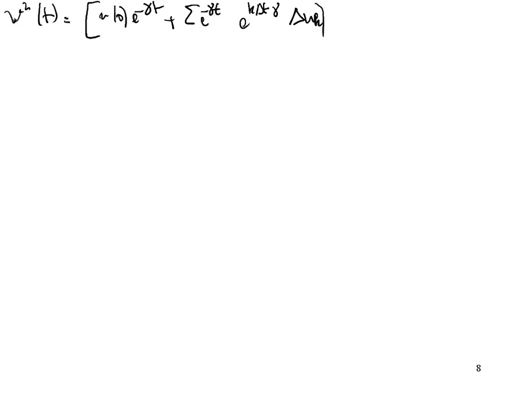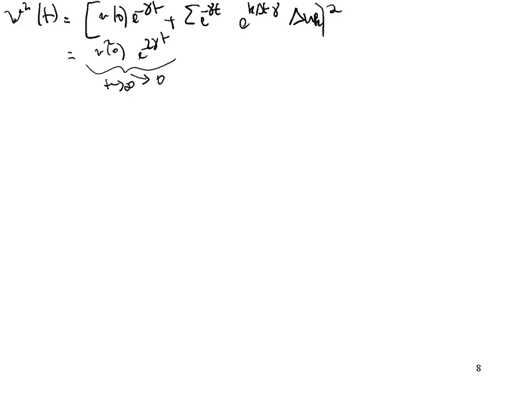And now we have to calculate the square. This is not very hard to calculate. This is v0 squared exponential minus 2 gamma t. So clearly as t goes to infinity, this goes to 0.